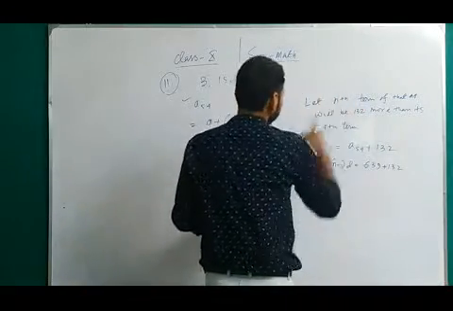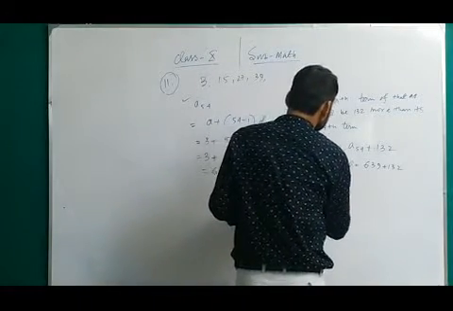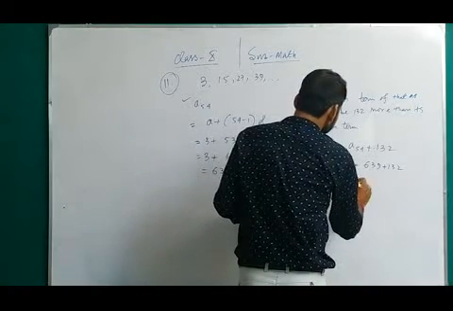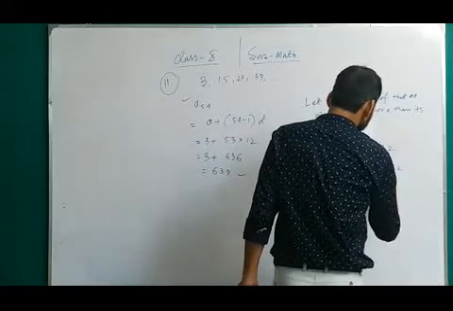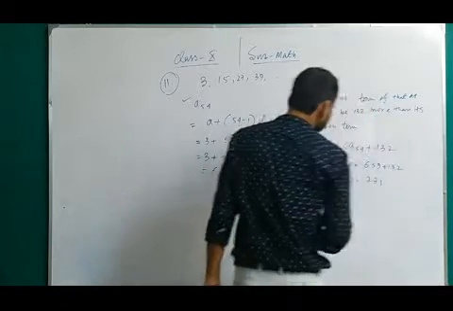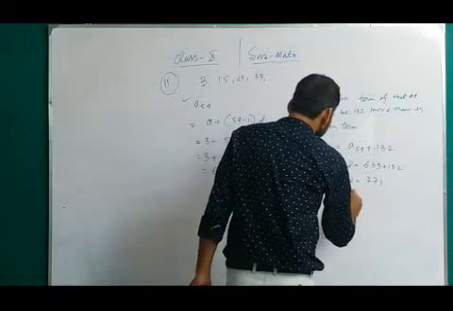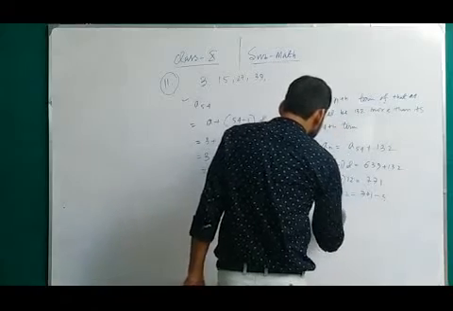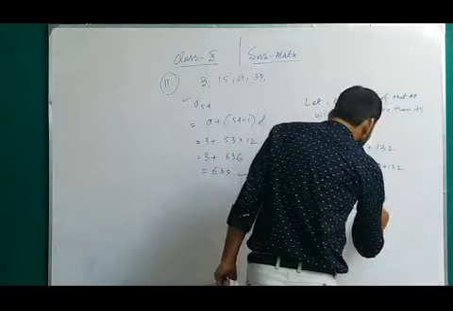Now, we will put the values of a and d here. That means 3 plus n minus 1 into 12 equals 771, which implies n minus 1 into 12 equals 771 minus 3, so n minus 1 into 12 equals 768.